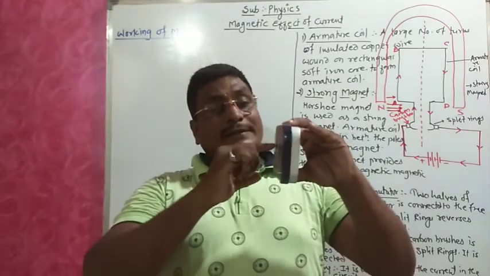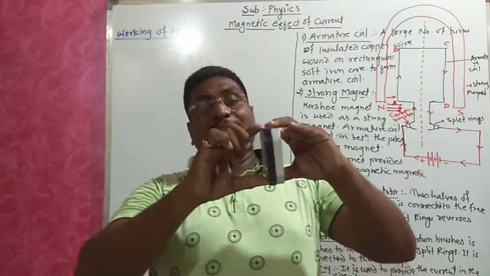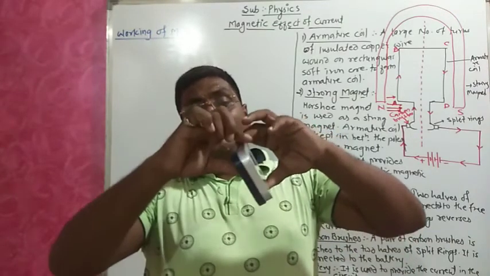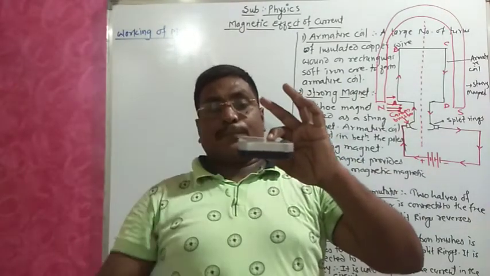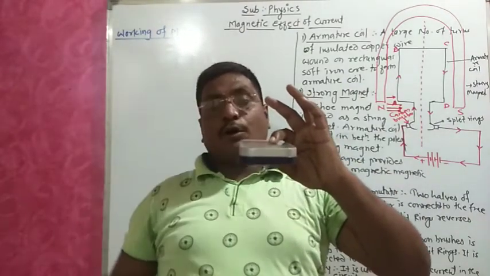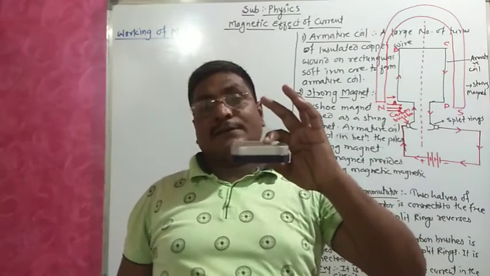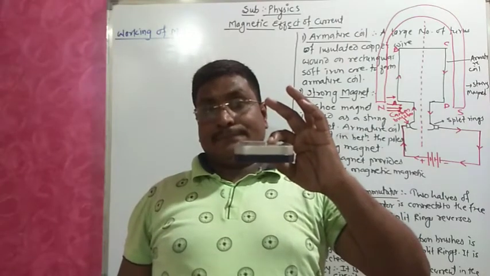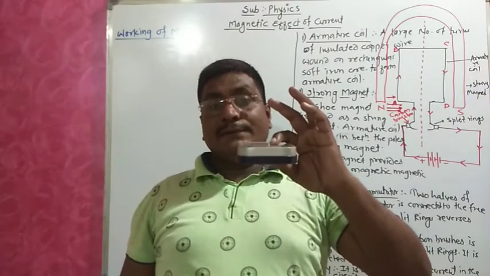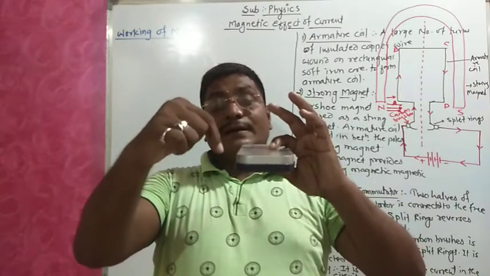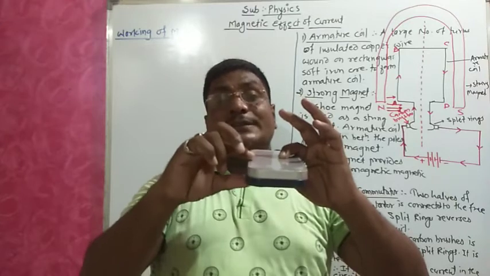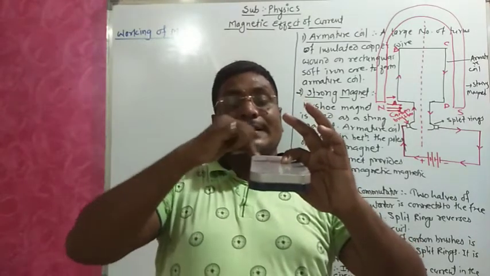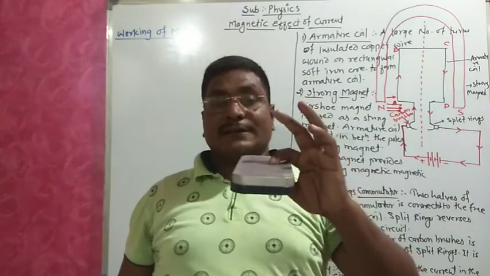So when this arm CD comes in place of arm AB, so when the armature coil comes in the horizontal direction, again what will happen? The carbon brushes come in contact with the split rings and again current is flowing in the circuit.